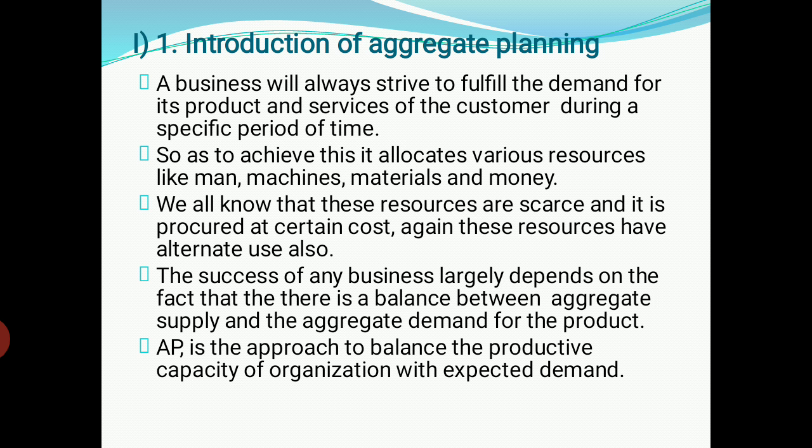So the success of any business largely depends on the balance between aggregate supply and aggregate demand for the product or services. That means whatever demand is created or is supposed to be created, or say it is hoped that this much demand will rise in this much period of time, then at that time we must have enough supply to balance that, and only then can a successful business be run.